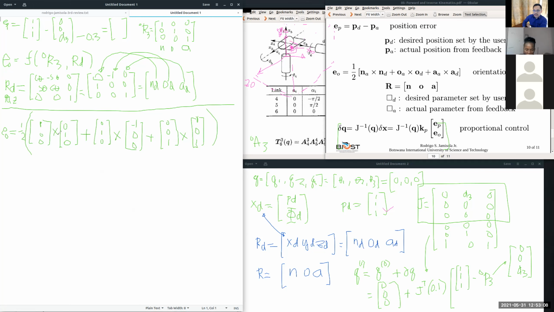Now, if we use the skew symmetric matrix, it will be easier for us to see. So you have 1/2, multiplying with the skew symmetric matrix. That's 0, 0, 0 for the first component, the third and second components are 0, this is minus 1 and 1, multiplied by 0, 1, 0. Do you remember the skew symmetric matrix?